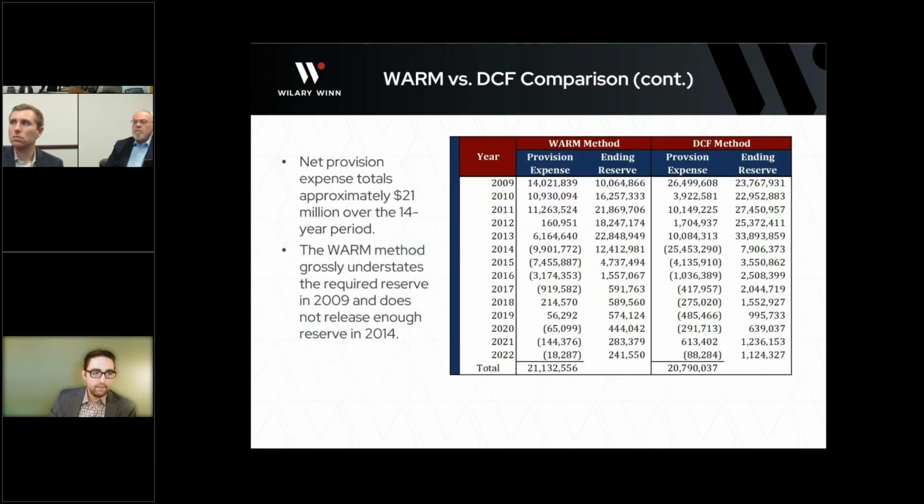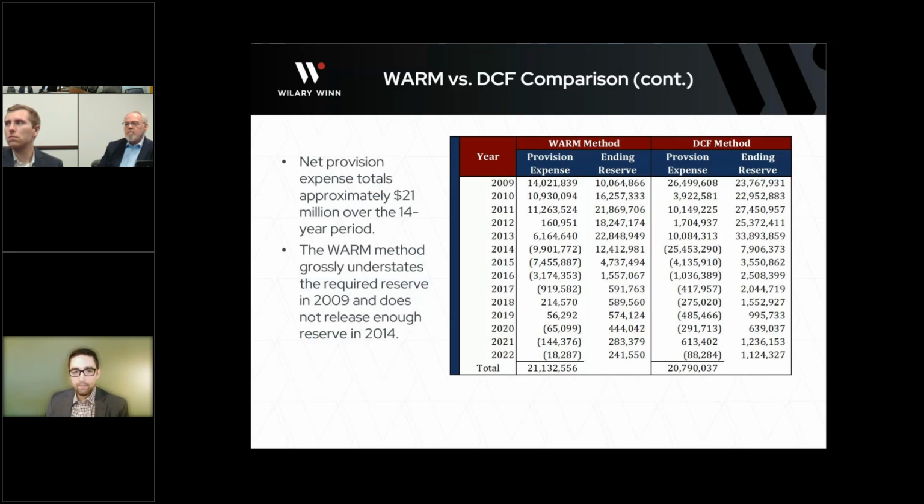So looking at the two side by side, we can boil it down to a couple takeaways over that full 14-year period we have. First off, the total net provision expense over the time comes in pretty similar between both models, right around 21 million. But how that expense plays out over time is where the real difference shows up.